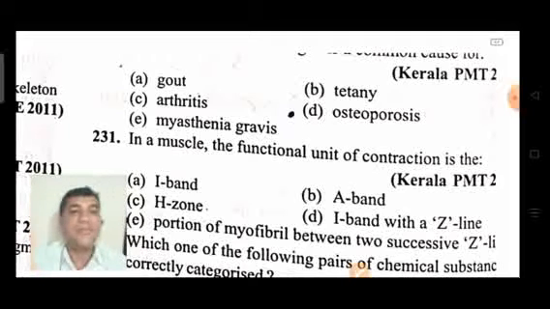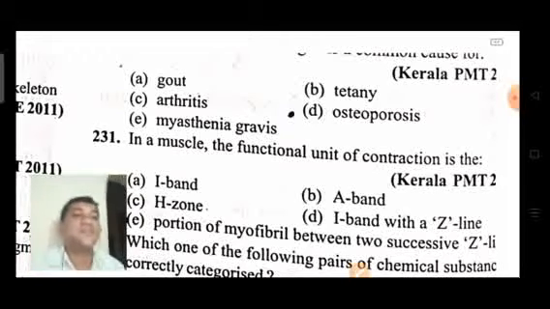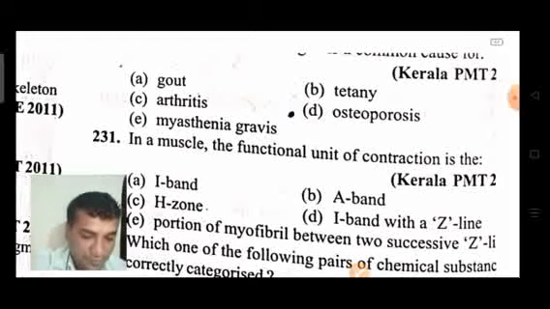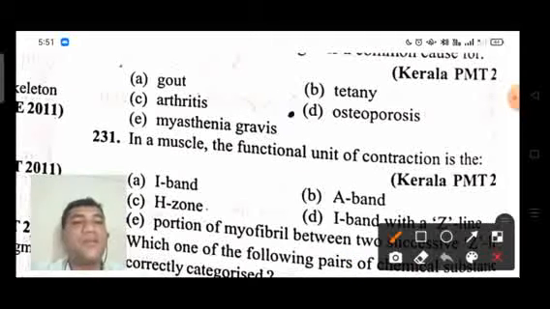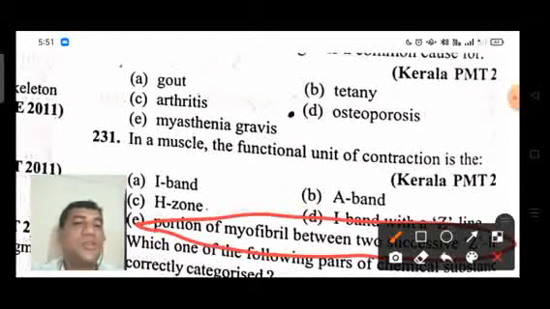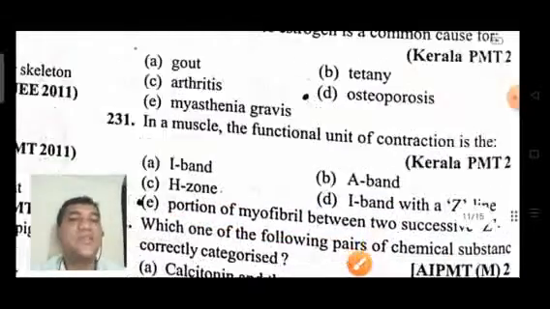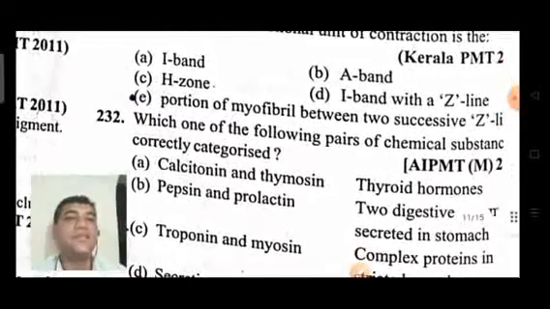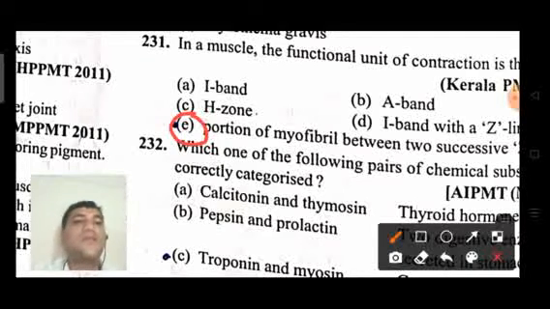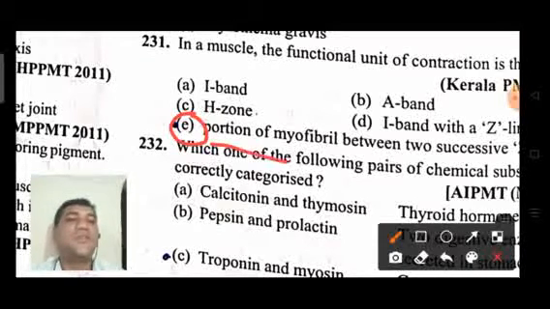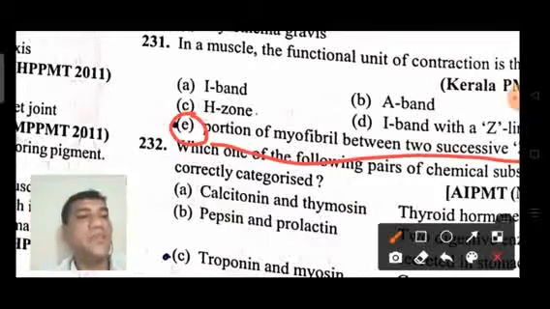Here these are the parts of the sarcomere, but the portion of myofibril between two successive Z lines is the answer for the functional unit, that is, it defines the sarcomere.